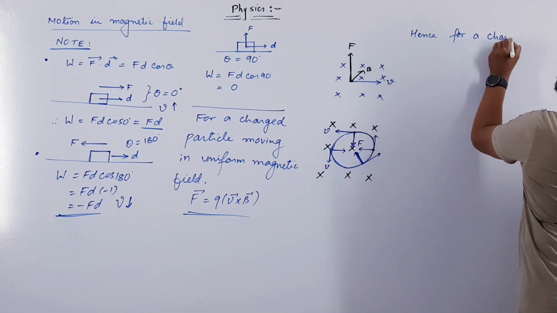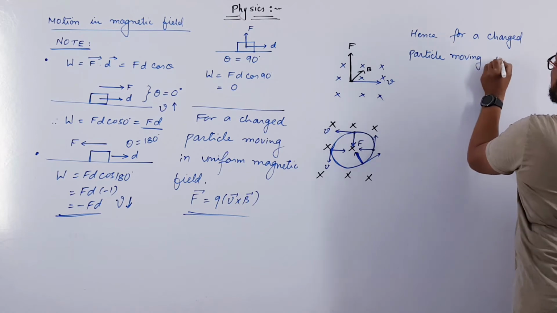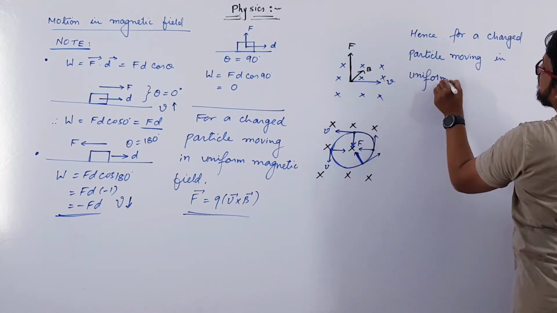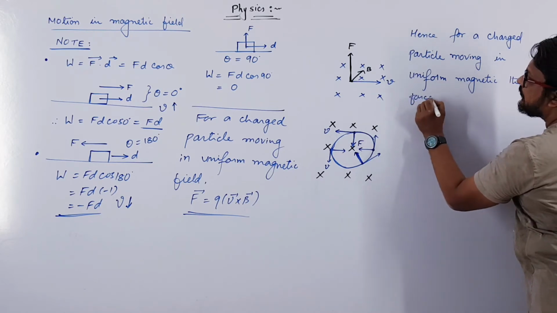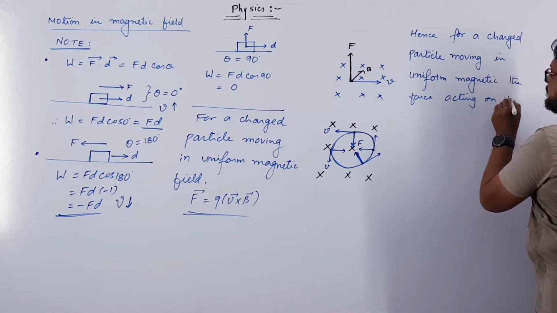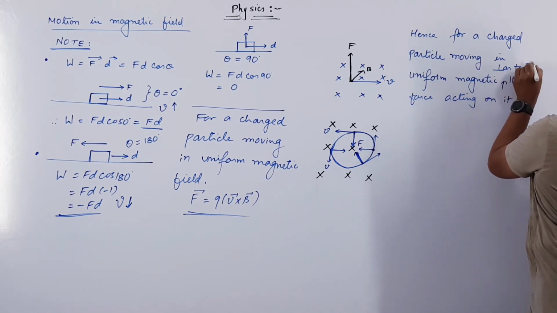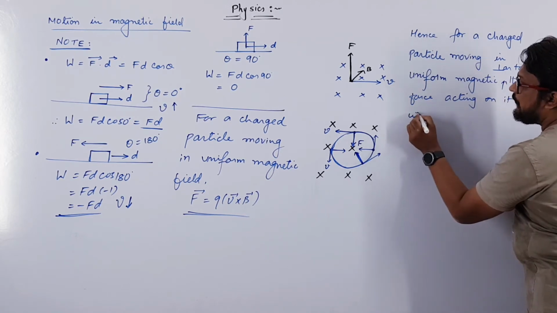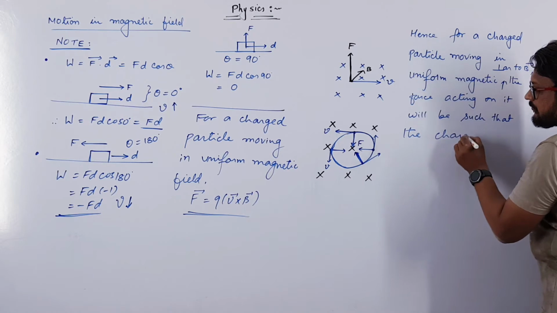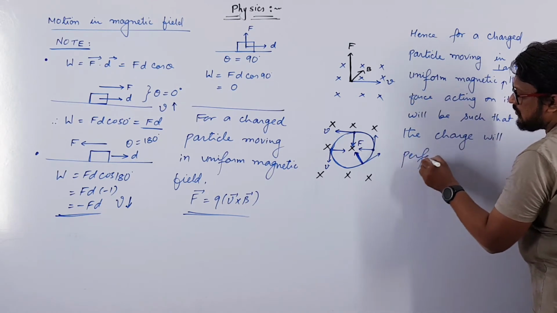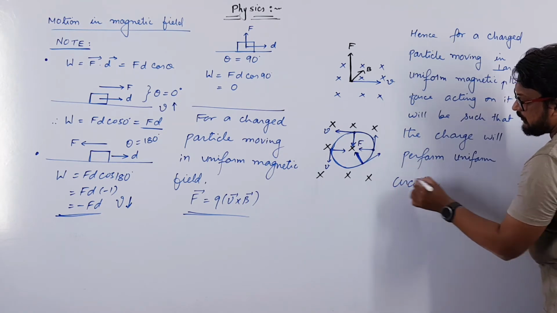Hence, for a charged particle moving in a uniform magnetic field perpendicular to B, meaning perpendicular to the magnetic field, the force acting on it will be such that the charge will perform uniform circular motion.